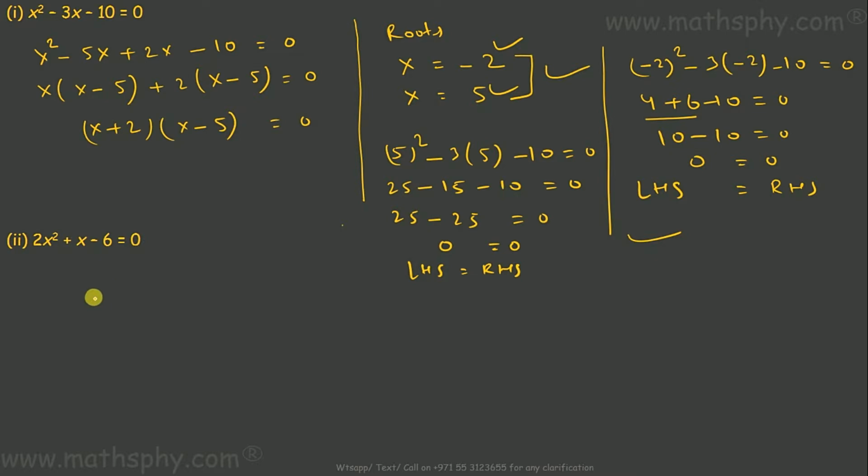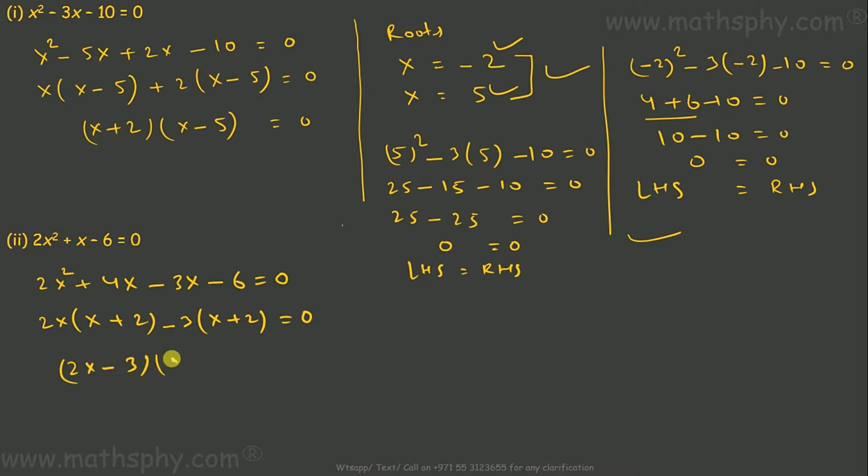Let's take up this one here. This can be 2x squared plus 4x minus 3x minus 6 equals 0. So I'll take 2x as common. This gives me x plus 2. Here I'll take negative 3 as common. So this gives me x plus 2 equals 0. So here it is 2x minus 3, x plus 2 equals 0.